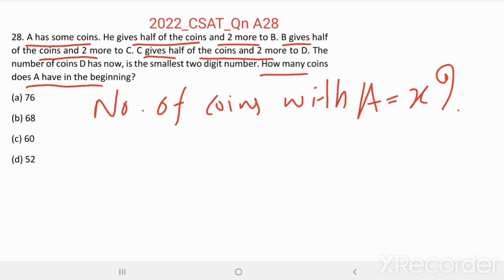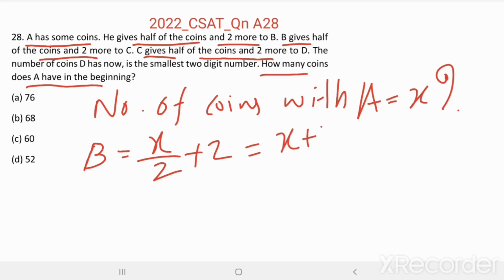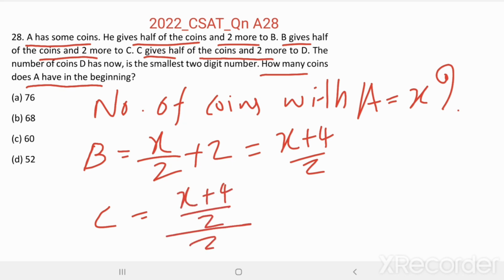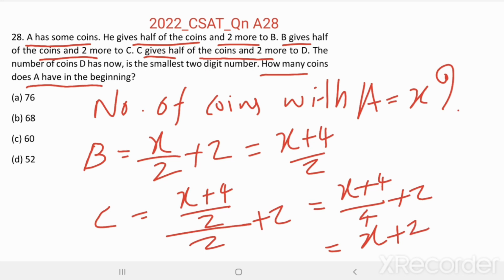So A gives half of his coins and 2 more to B. Then B has (X plus 4) by 2 coins. Then B gives half of what he has plus 2 more to C. Then C has (X plus 4) divided by 4 plus 2, which is equal to (X plus 12) divided by 4 coins.